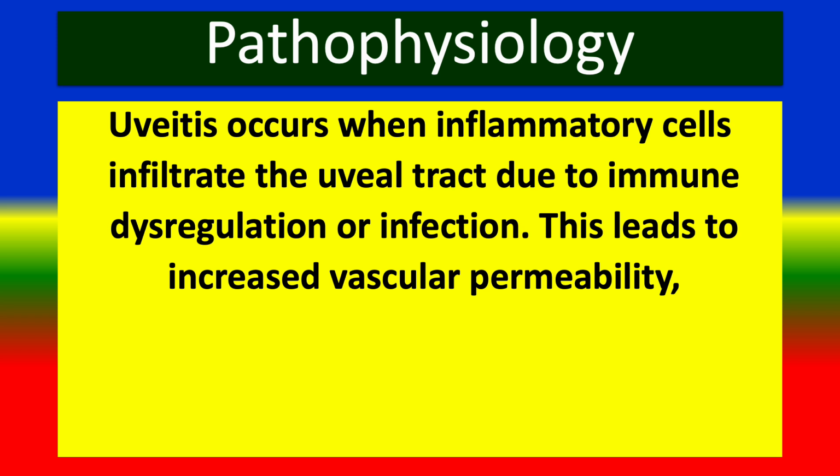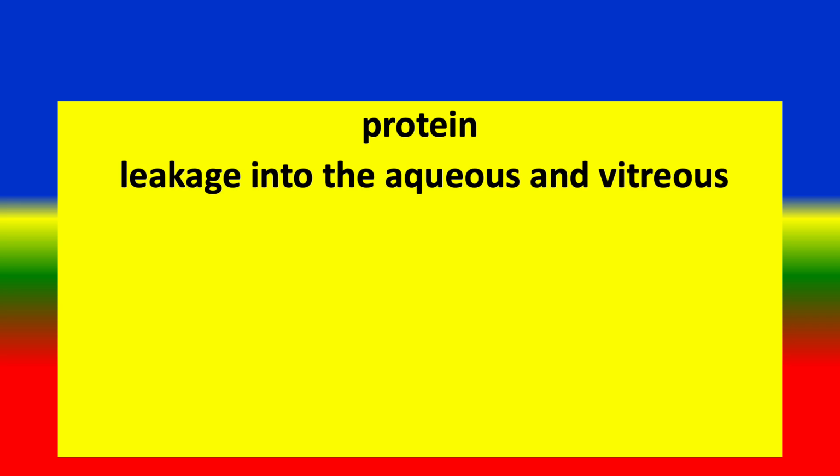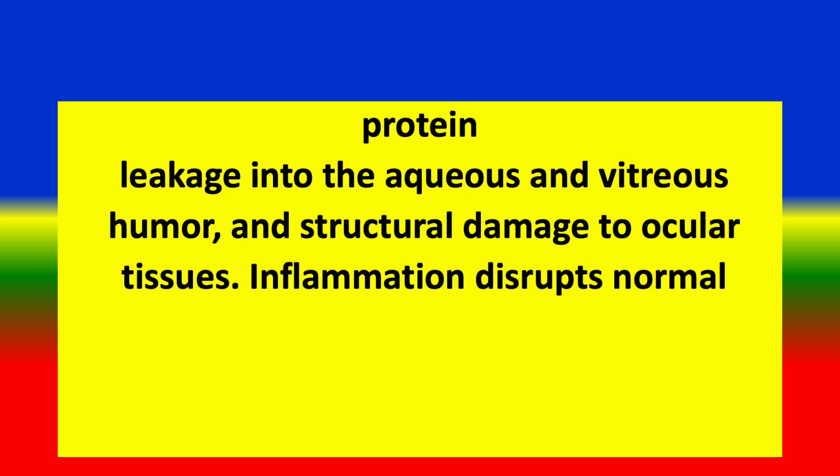This leads to increased vascular permeability, protein leakage into the aqueous and vitreous humor, and structural damage to ocular tissues.